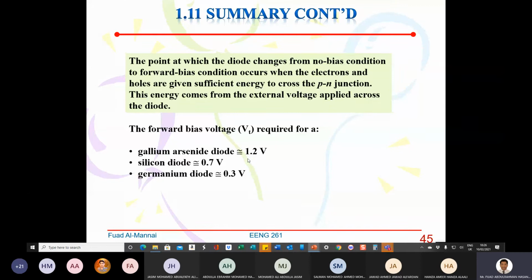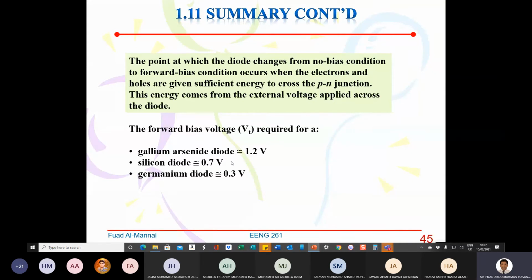To make the gallium arsenide forward bias, the voltage has to be greater than 1.2 volt, so that the gallium arsenide diode will be conducting, or forward bias, or on.